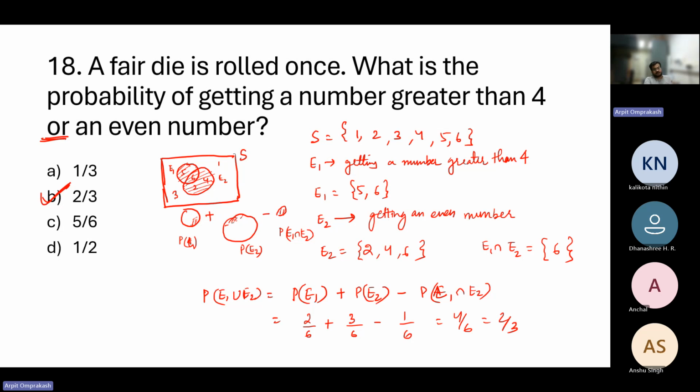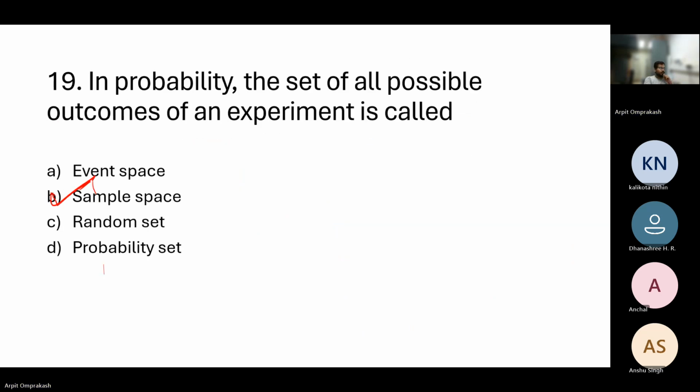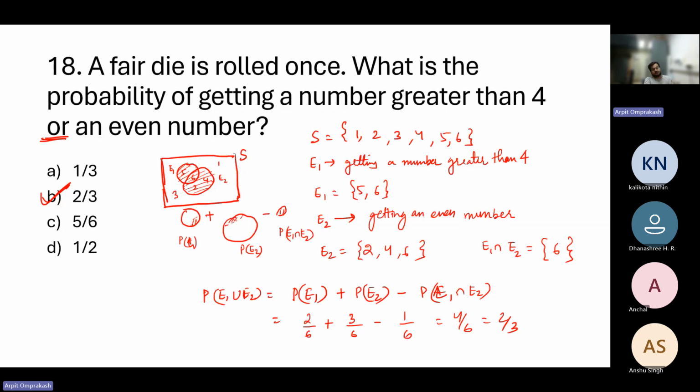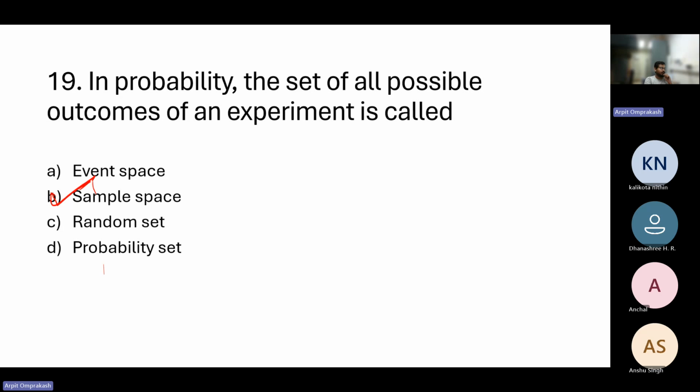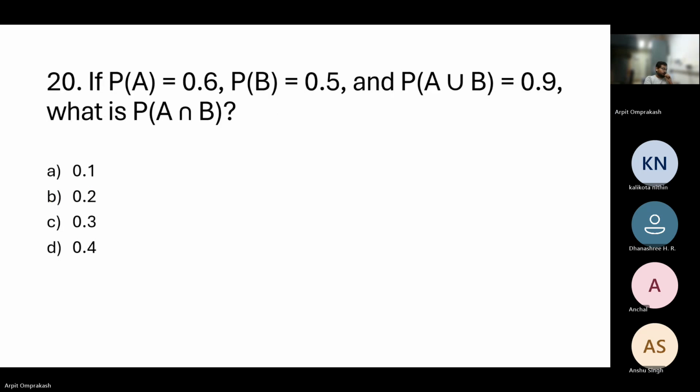Those are the rolls of the dice, which is basically the event which makes the event happen, right? And sample space is the collection of all the events that can occur due to the experiment or the task, right?